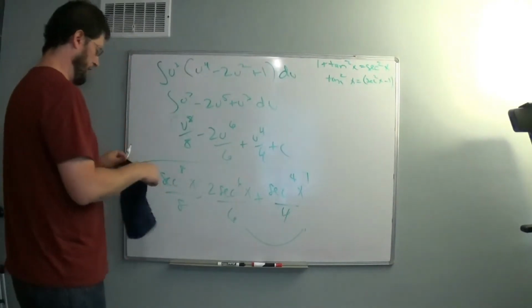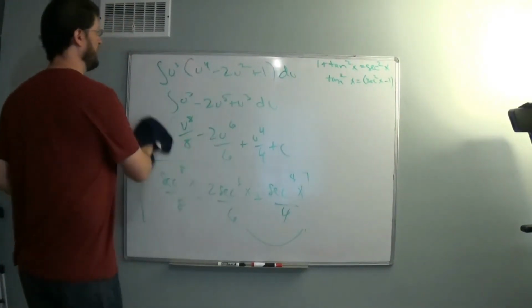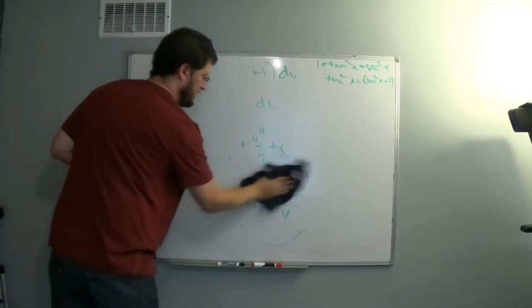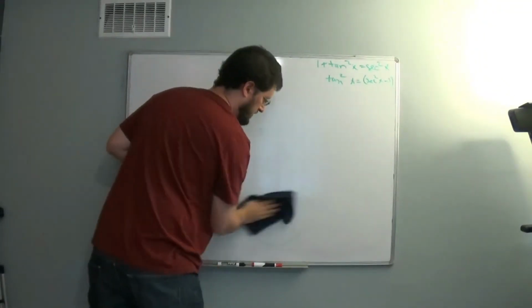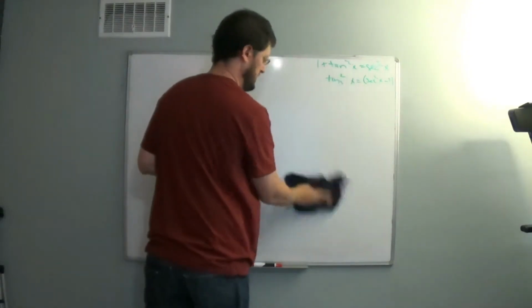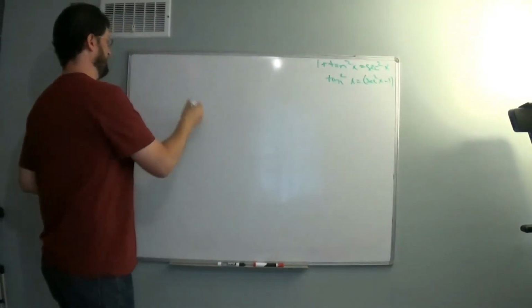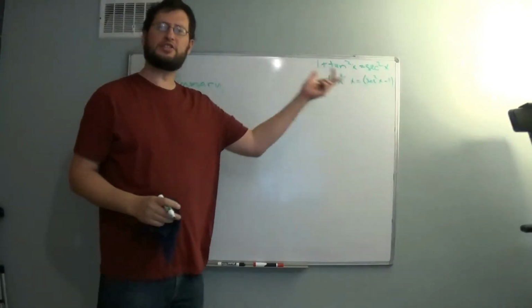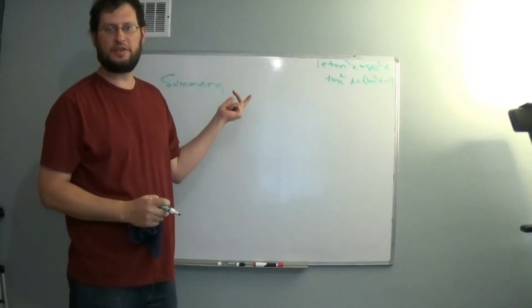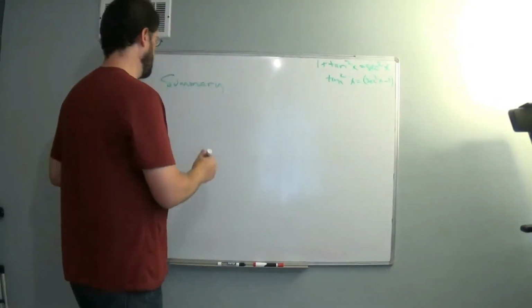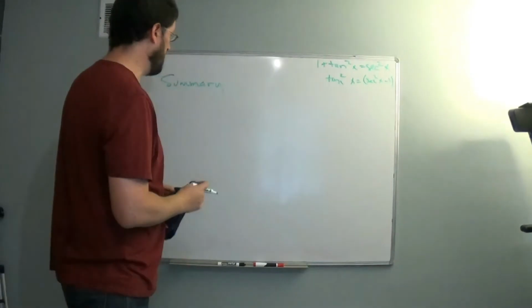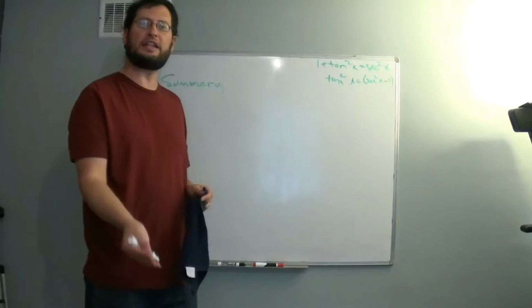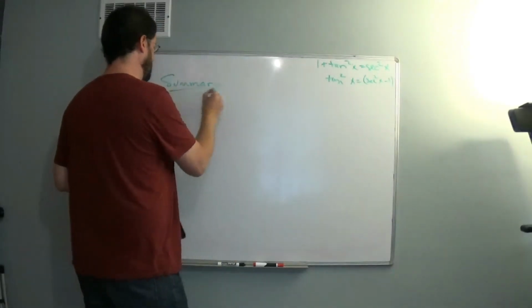Okay, so actually these are the only two types that we're going to worry about. Let me summarize what we found. If we have a secant squared that we can save, and then turn everything else into tangents, what does that really mean? We need to be able to save a secant squared and turn everything else into tangents, so we need to have an even power of secants.